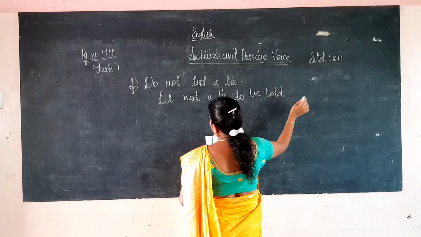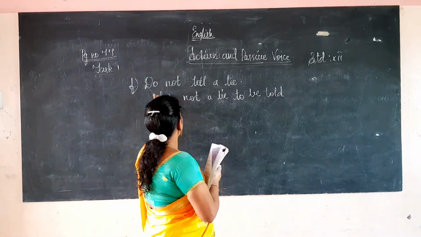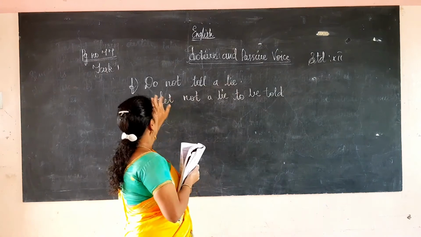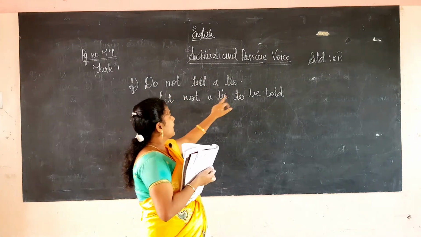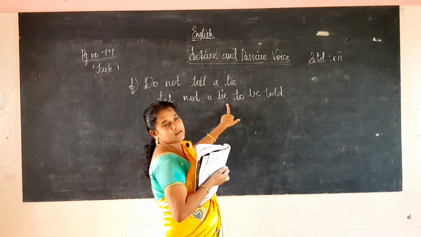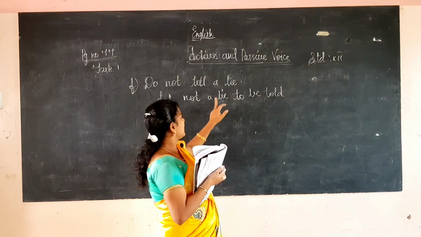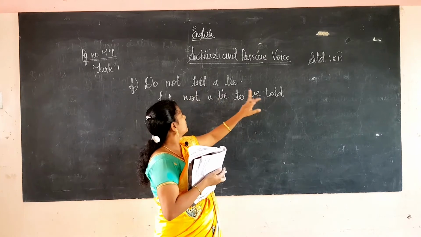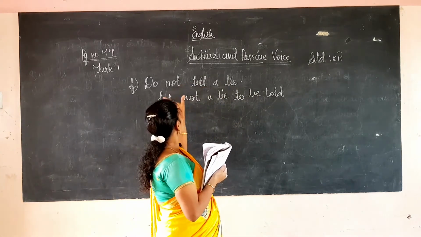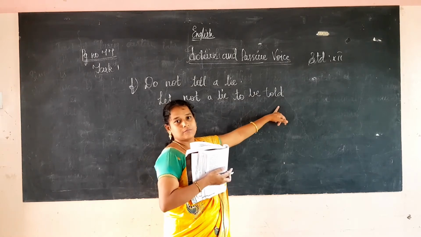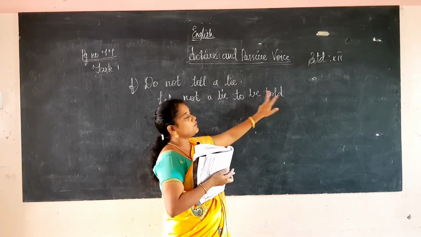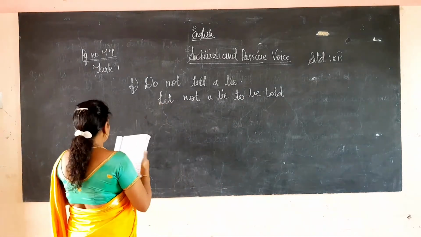We can use by you or no need. If it is imperative, we can use let. Here the object, a lie, we are using as the subject. Because of this, we have to use to be plus the verb in the past participle. So, to be told, as per the rule.